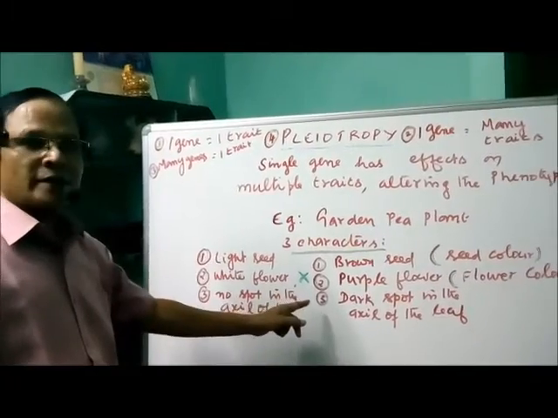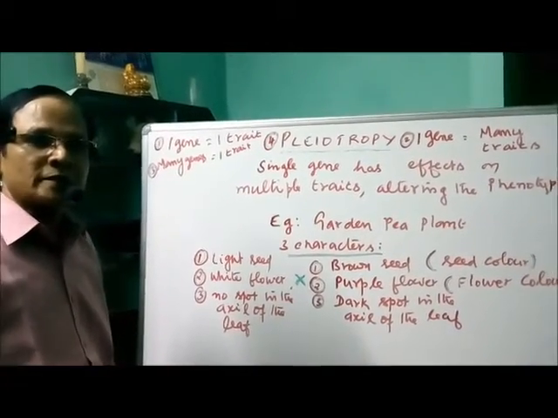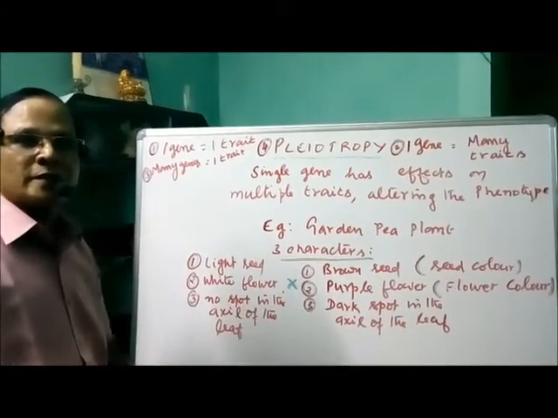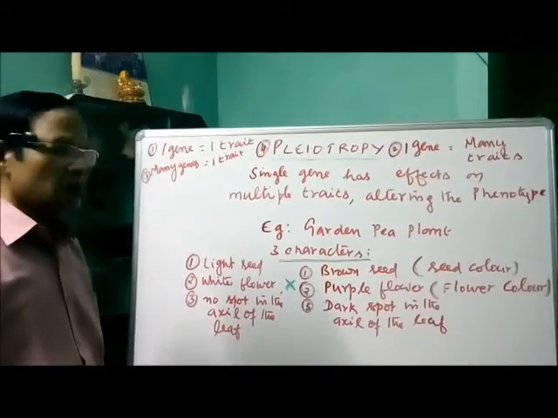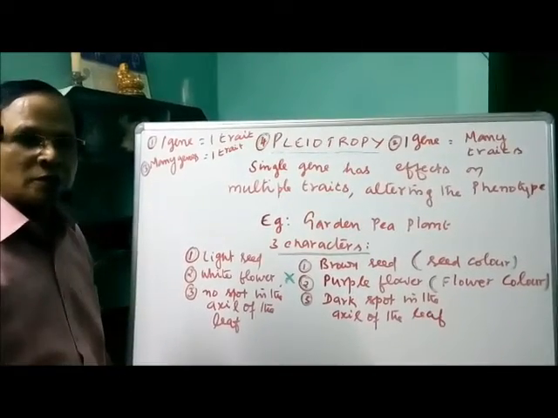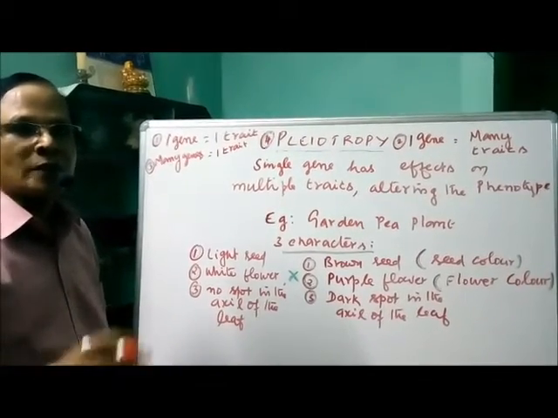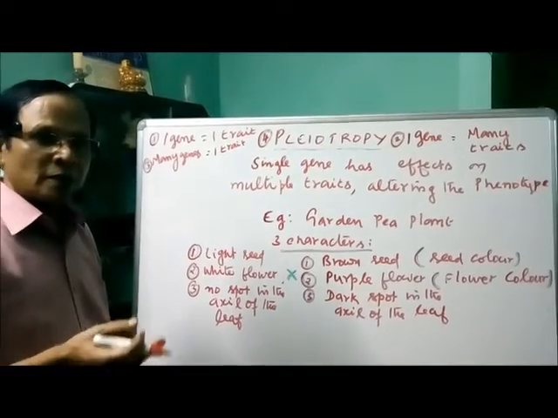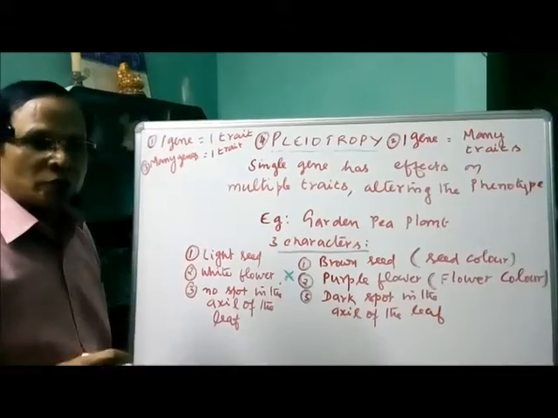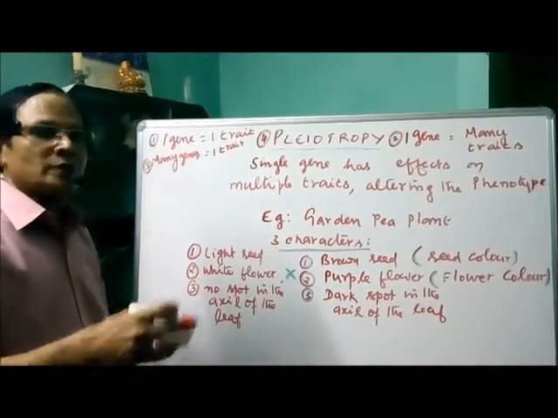These three characters are inherited together as a single unit. This is due to the pattern of inheritance in which these three traits are controlled by a single gene with dominant and recessive alleles.